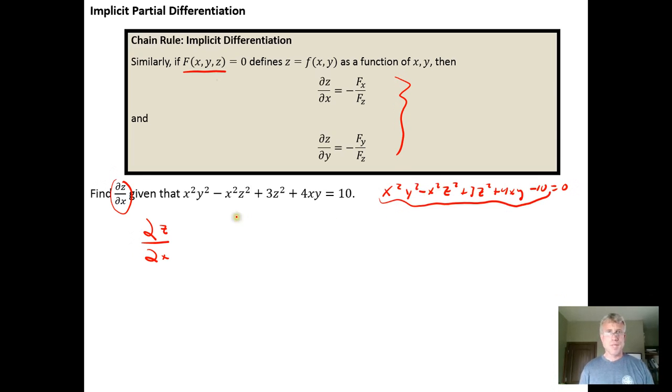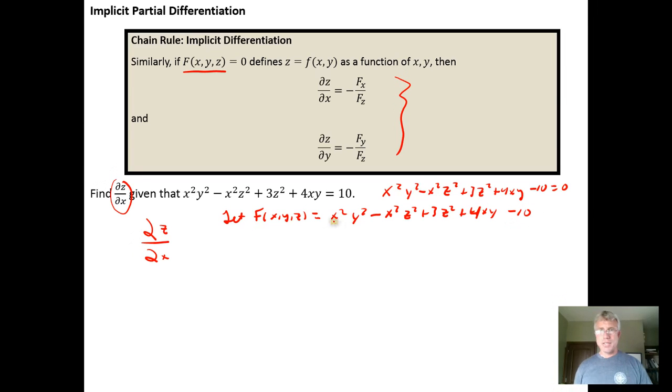So we let f of x, y, z equal x squared y squared minus x squared z squared plus 3z squared plus 4xy minus the 10, and clearly because this mess is equal to 0, that means f of x, y, z is equal to 0, which is what we need.